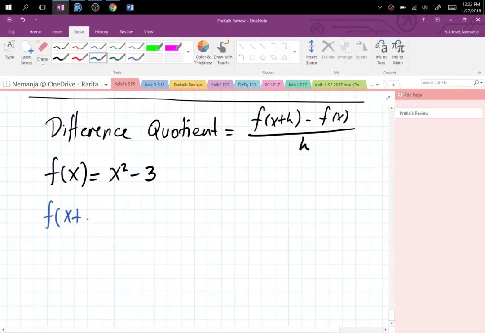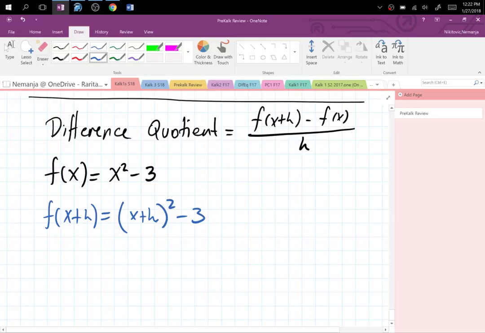So what is f of x plus h? It clearly has to look like this, except this x is replaced by x plus h, therefore this x needs to be replaced by x plus h.